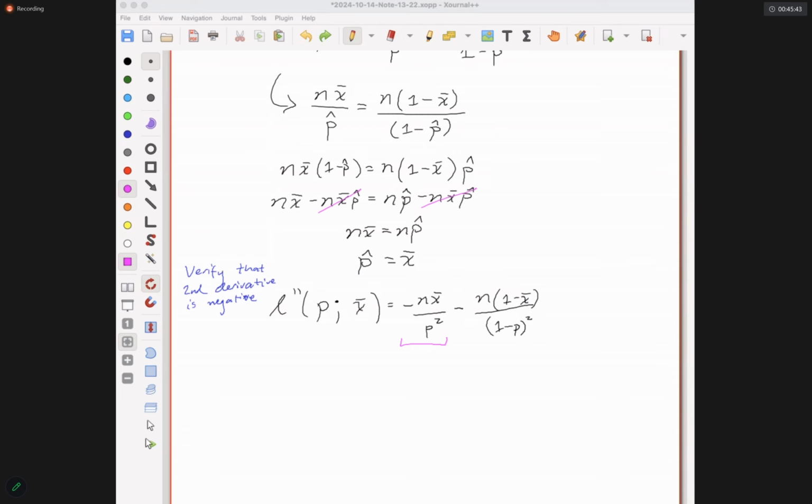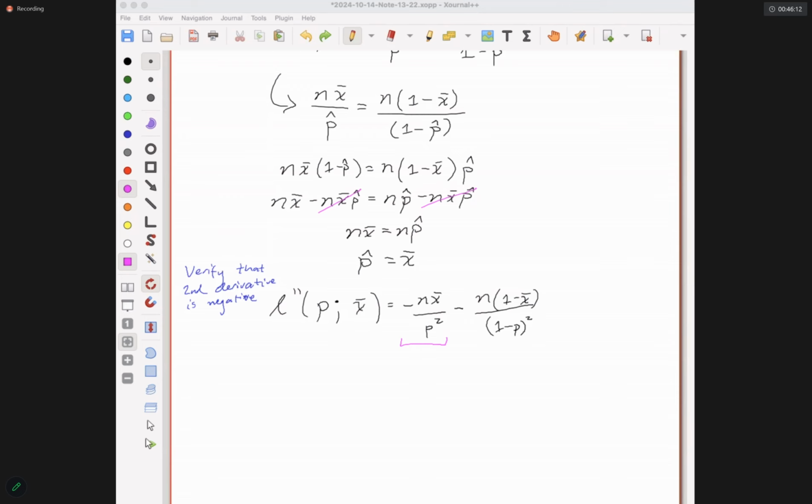Is x bar positive or negative or 0? I'm just talking about x bar.